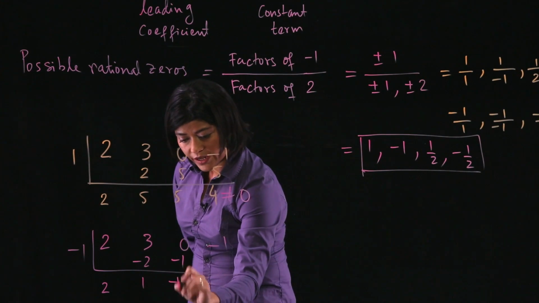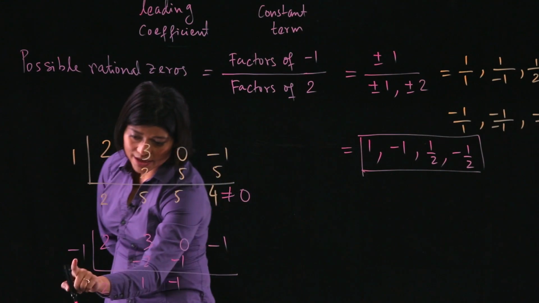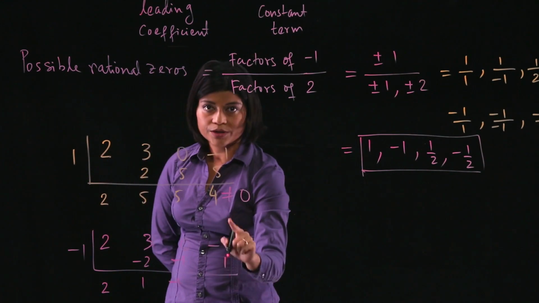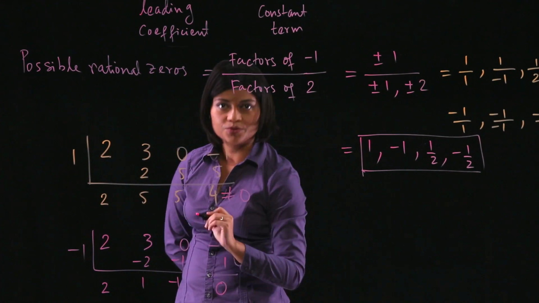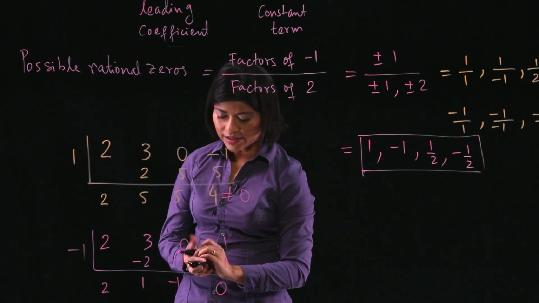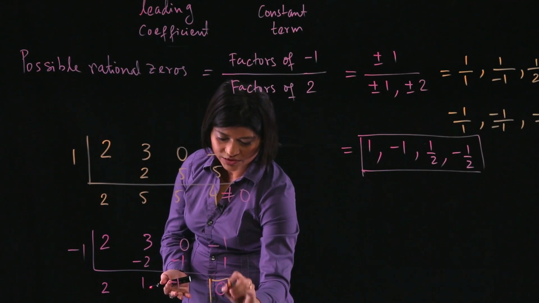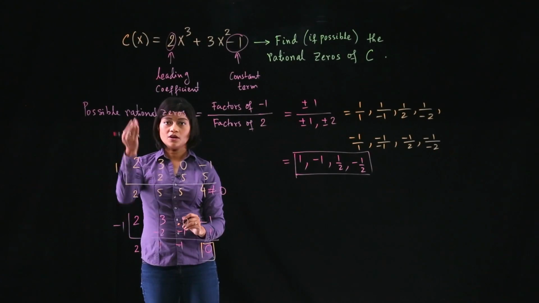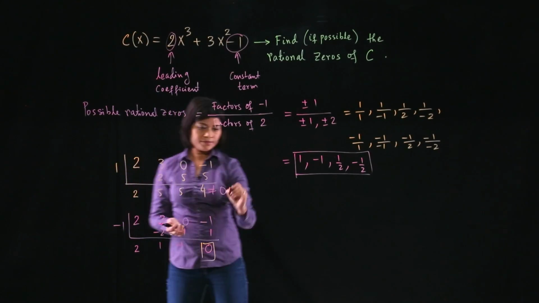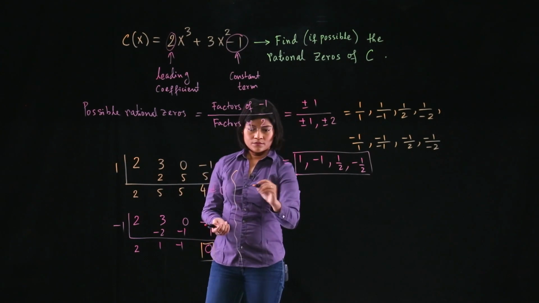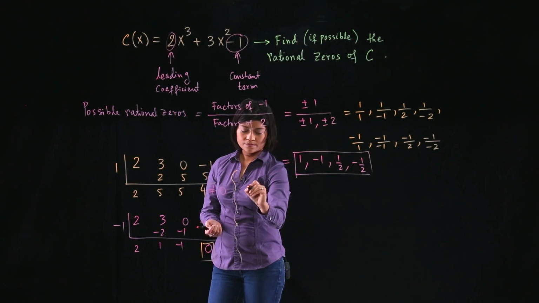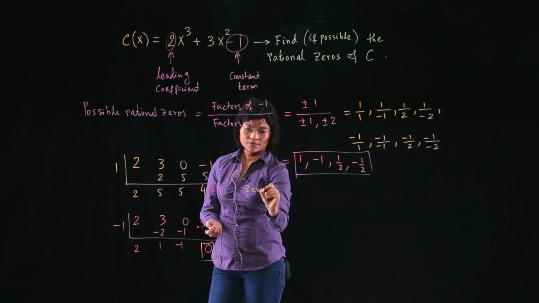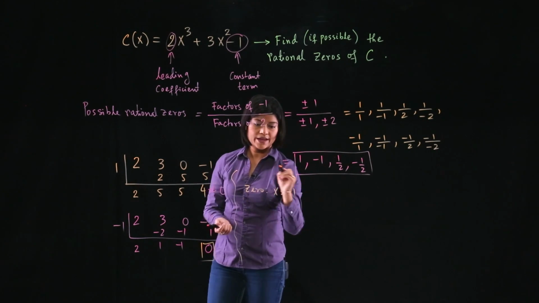Negative 1 plus 0 is negative 1, and then negative 1 times negative 1 is positive 1. When you add it to the negative 1, you do get 0. So this is telling you that negative 1 is a 0 of this function, x equals negative 1.